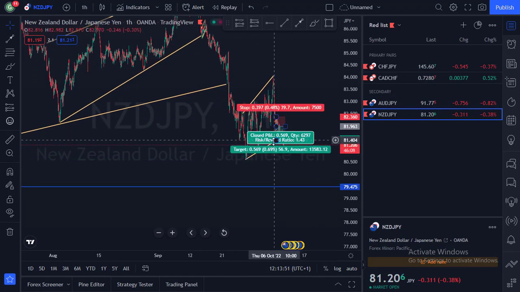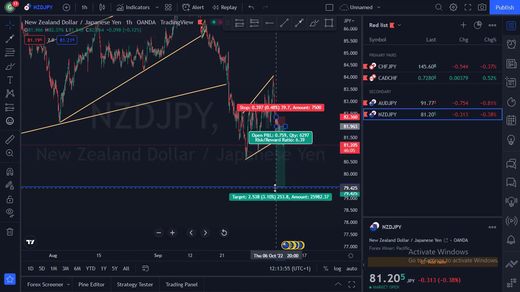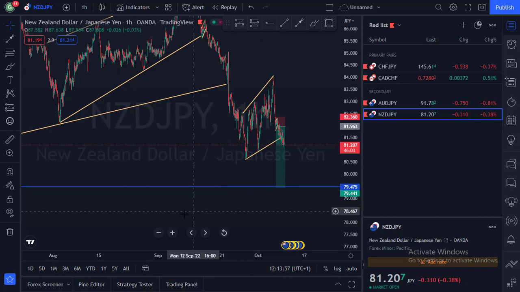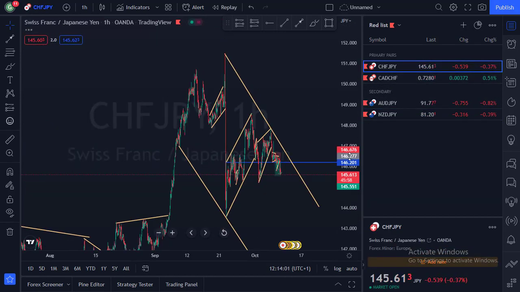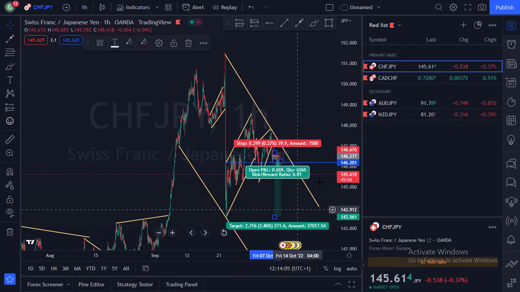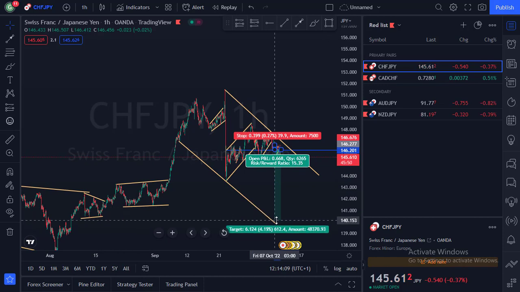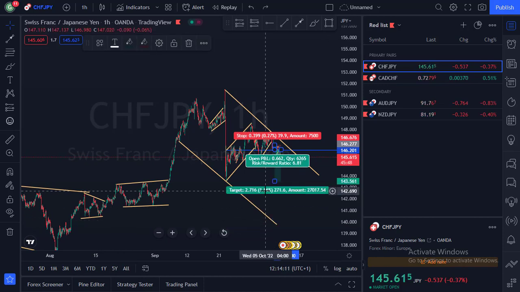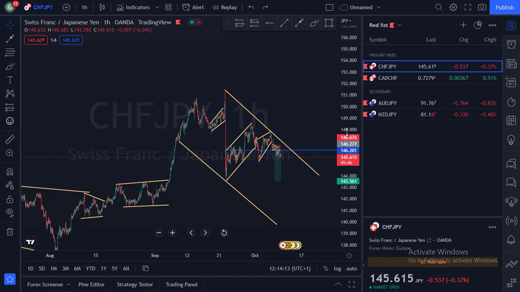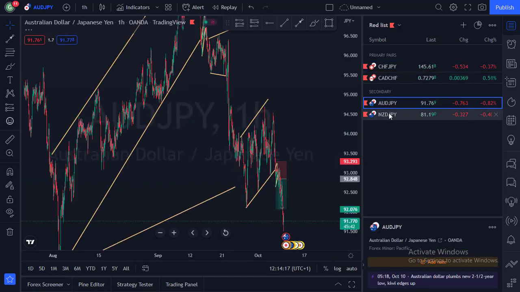If I pay attention to that point, price will give me 1:3, and if I move it to this bottom, 1:6. So I realized that I stood a better chance on CHF JPY, where price could give me at this point 1:6, and at the max point I could actually get 1:15 if I can hold it that long. That's the reason why I chose CHF JPY over AUD JPY and NZD JPY.